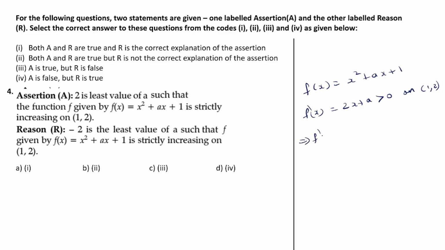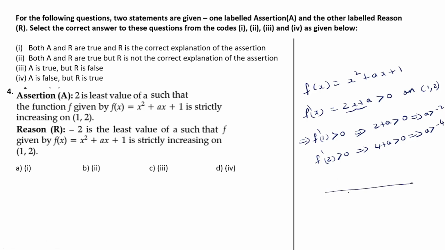So from this we have f dash of 1 greater than 0 implies 2 plus a greater than 0 or a greater than minus 2. And f dash of 2 greater than 0 implies here we have to put x as 2. 4 plus a greater than 0. So from this we get a is greater than minus 4.